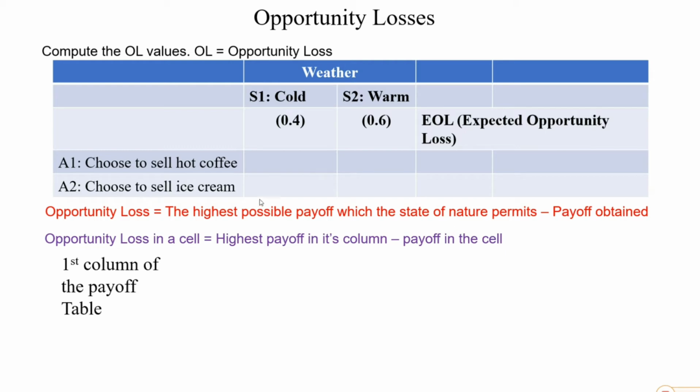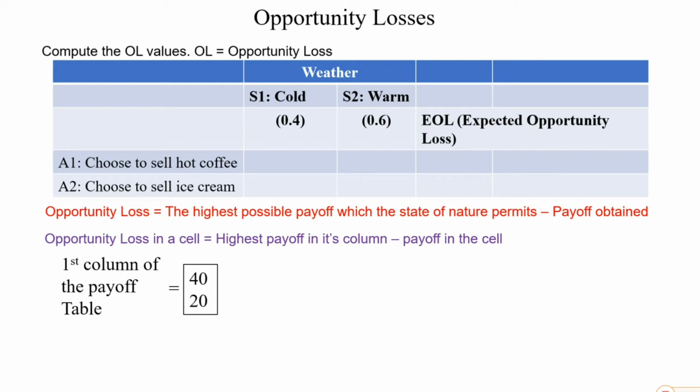So we better convert column after column. The first column, the first weather condition. Under cold weather condition, possible payoffs are 40 and 20. So according to the action, if one had chosen action A1, he or she will receive 40 full.